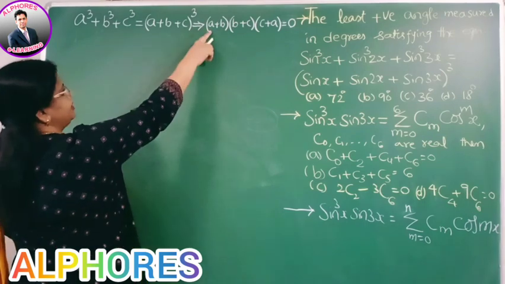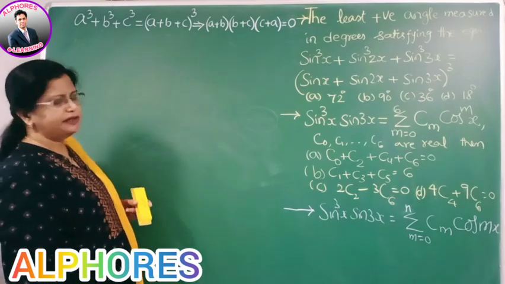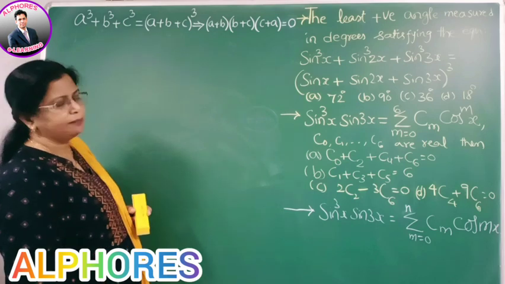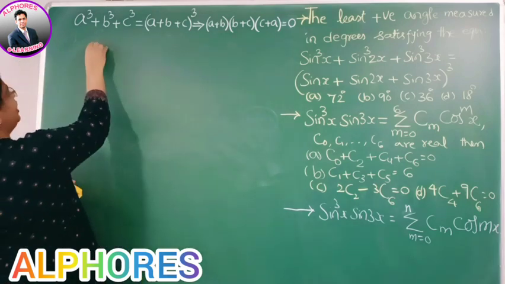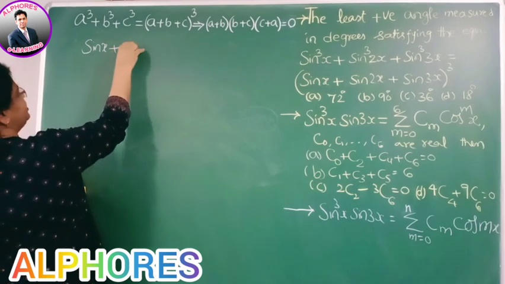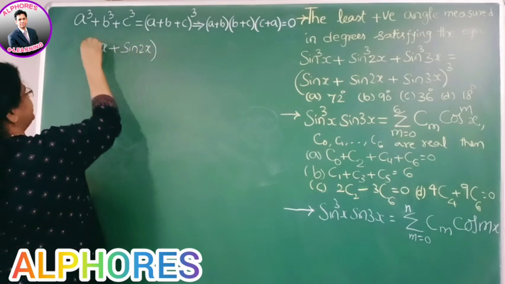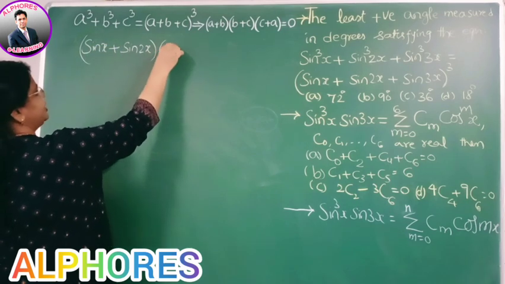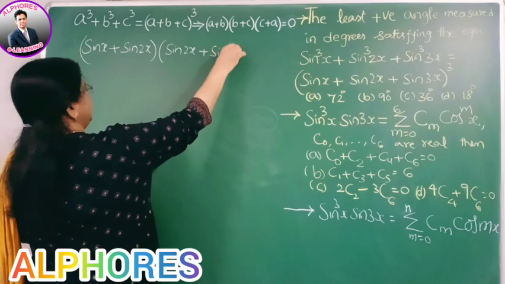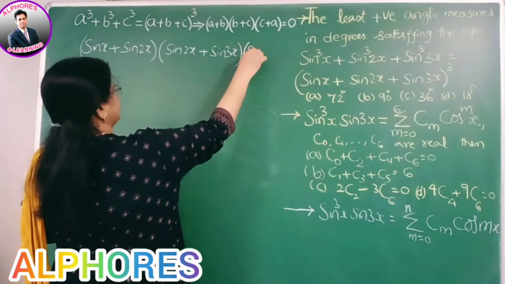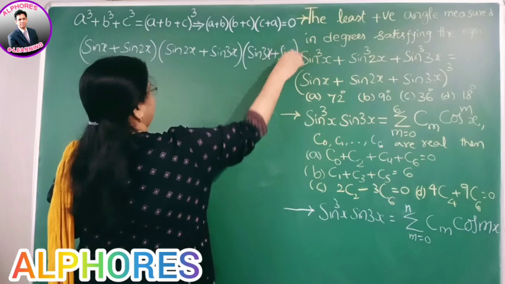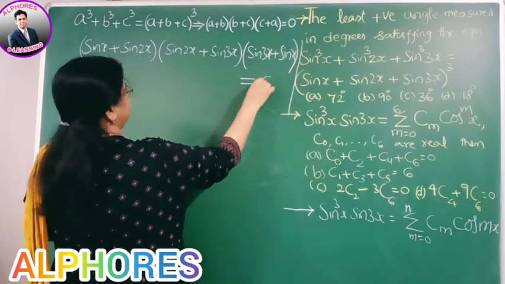So now let us substitute the a, b, c values as sin x, sin 2x, sin 3x. Okay, then what will happen here? Sin x plus sin 2x, into the next value sin 2x plus sin 3x, and into the other value sin 3x plus sin x, and this entire value is equal to 0, right?